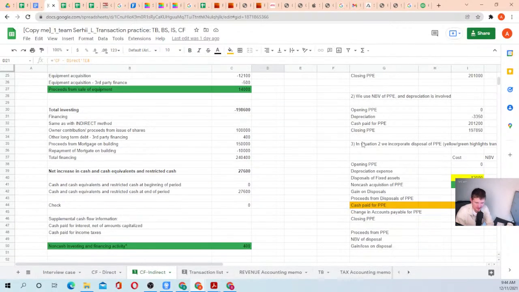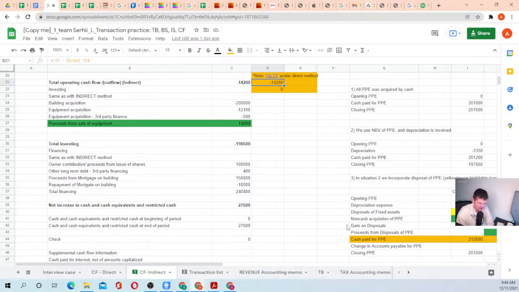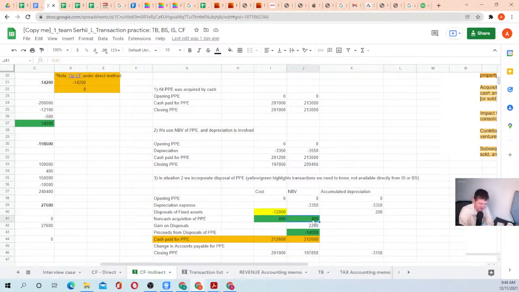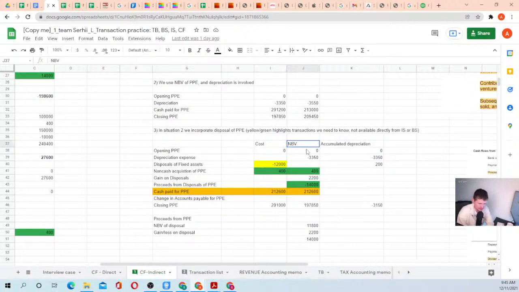We also did an exercise to come up with PP&E numbers indirectly. We did roll forwards. So we did roll forward on costs, net book value, accumulated depreciation, and we figured out what cash we paid for PP&E.